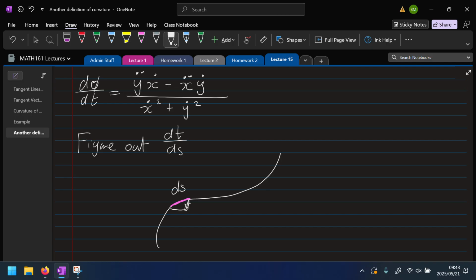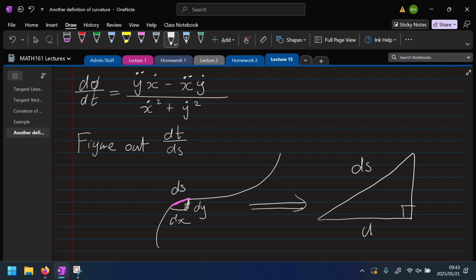Okay, what about the other sides of this triangle? Well, horizontally, that's x, so that's going to be dx. Vertically, that's going to be y, so we're going to call that dy. Okay, so again, we're going to zoom in, and that's going to give us this triangle over here. From the curve, it's a bit curvy and so on, but if we zoom in a whole lot, we can draw this triangle at that point.